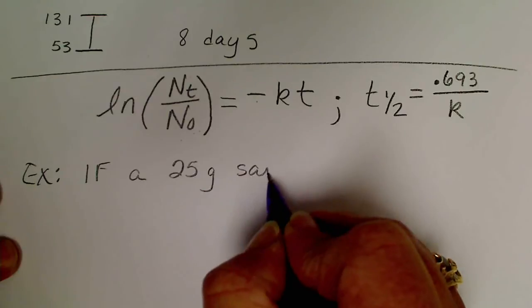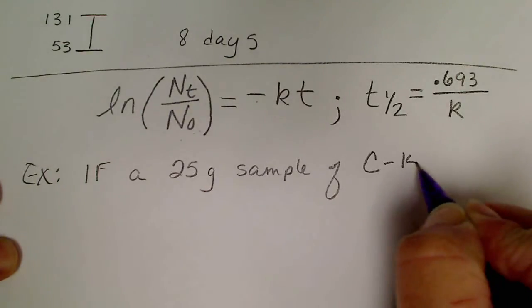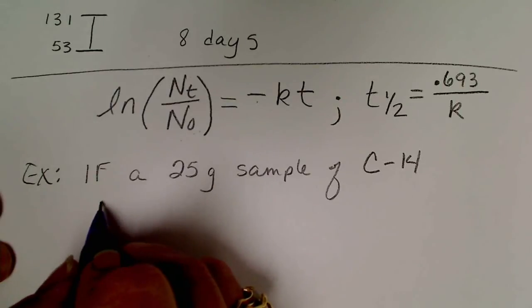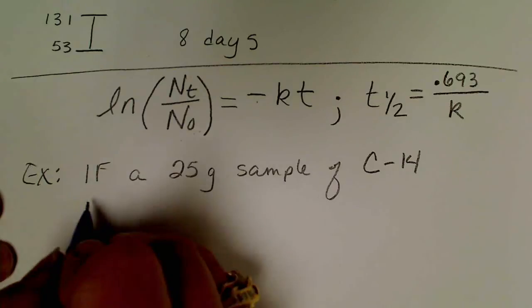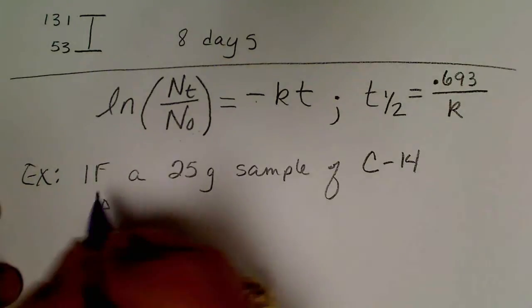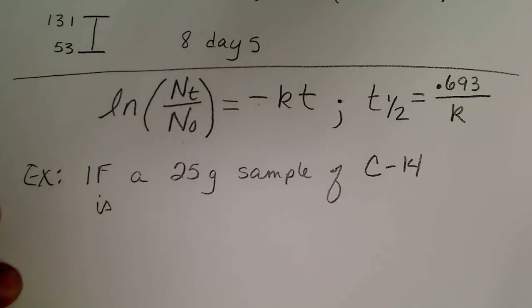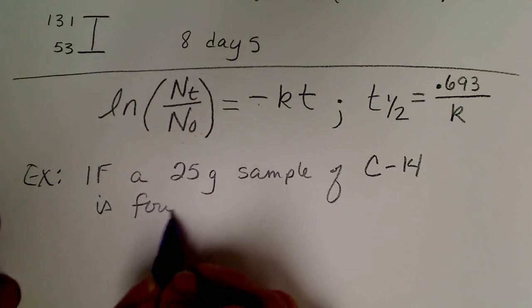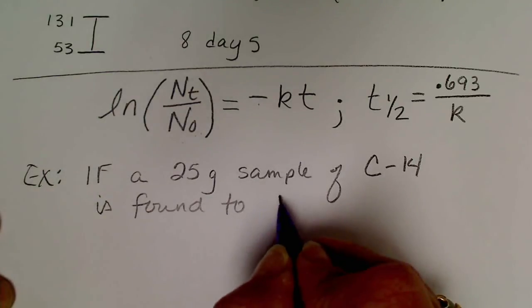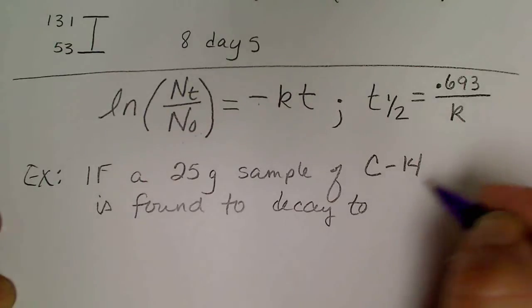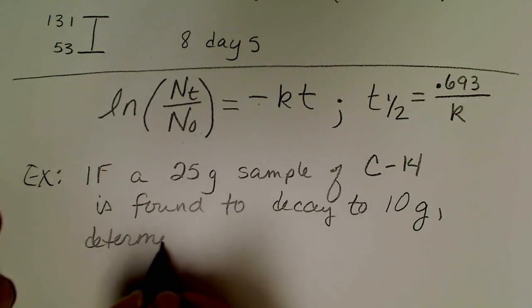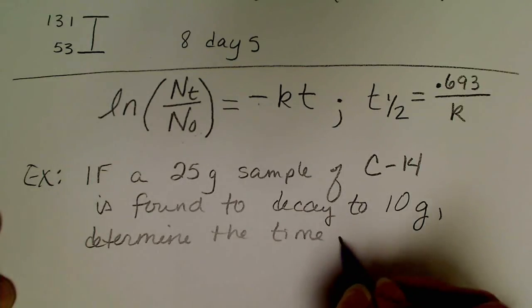If a 25-gram sample of carbon-14, so we might see that symbol written like that, is, I wouldn't say allowed to decay, because with carbon-14 there's not anything that can be done to prevent this type of spontaneous reaction, but is found to decay to, I'll say, 10 grams. Determine the time required to do so.